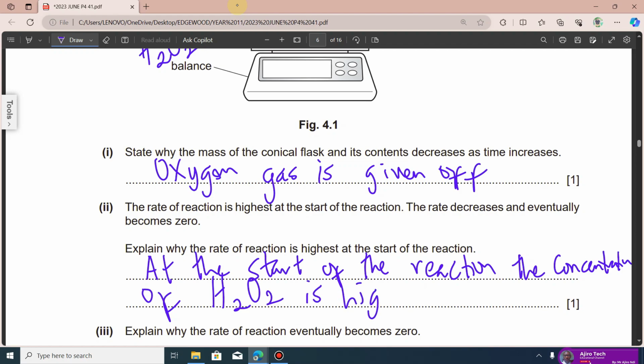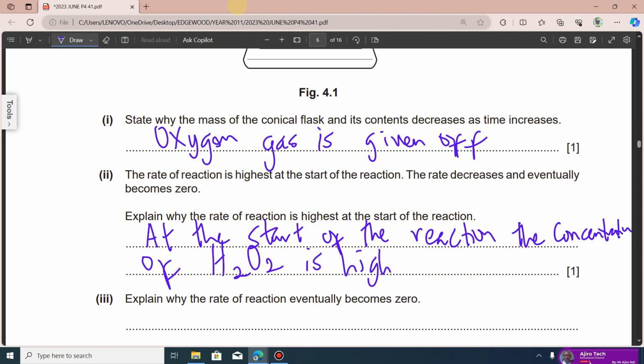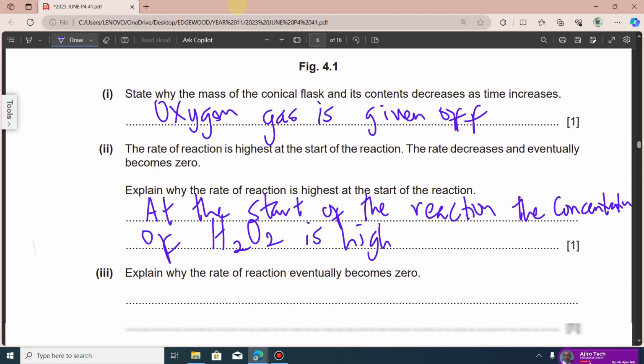Or you could say that at the start of the reaction, the particles of the hydrogen peroxide are closely packed. So when they are close like that, there is more collision occurring, and that is why the rate is fast. So at the start of the reaction, the frequency of collision is high. So any of them could give you the mark. So I would just stick with, at the start of the reaction, of course, the concentration of the hydrogen peroxide is high. So this will result in a higher rate of reaction.